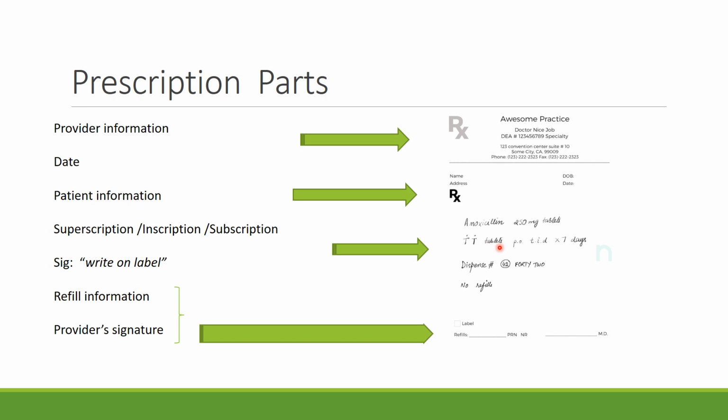This is 2 tablets by mouth 3 times a day for 7 days, and that's what would be written on the label. There will be information as far as how many to dispense, and then whether or not there will be refills. And then the last part is a place for the signature of the prescriber. So these are all items that have to be on a prescription when it is written and taken to the pharmacist.